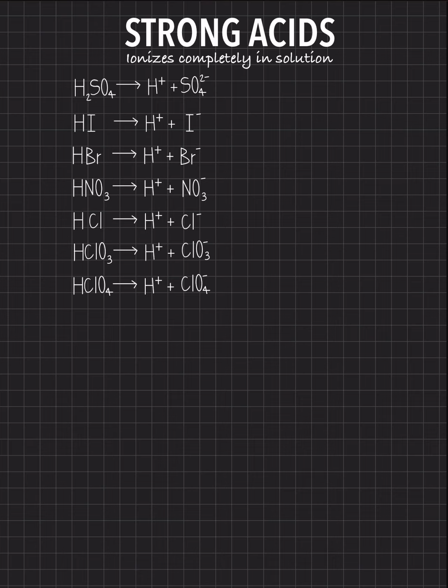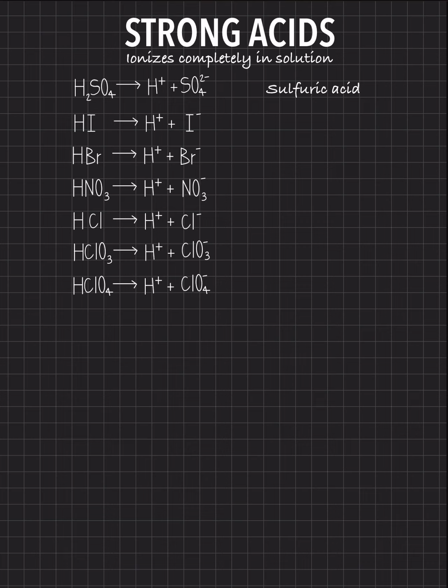So now let's get into the actual naming. I mixed a couple of polyatomics in here because some of the polyatomics are going to be strong acids. For this first case, you need to know the polyatomic ion SO4 2-, which is sulfate. Ate goes to ic, so it's going to be sulfuric acid.